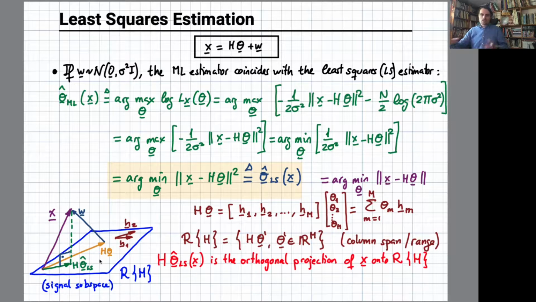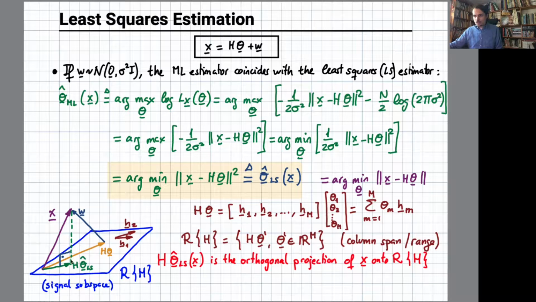And as we know, finding the closest point on a plane to a given point is just a matter of drawing a perpendicular straight line that goes through that point, right? And the intersection between that line and the hyperplane gives us the closest point to this one, right?